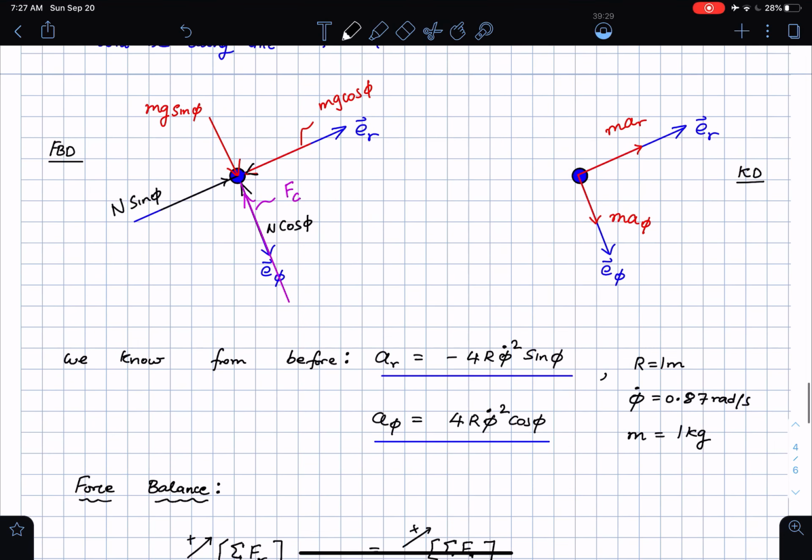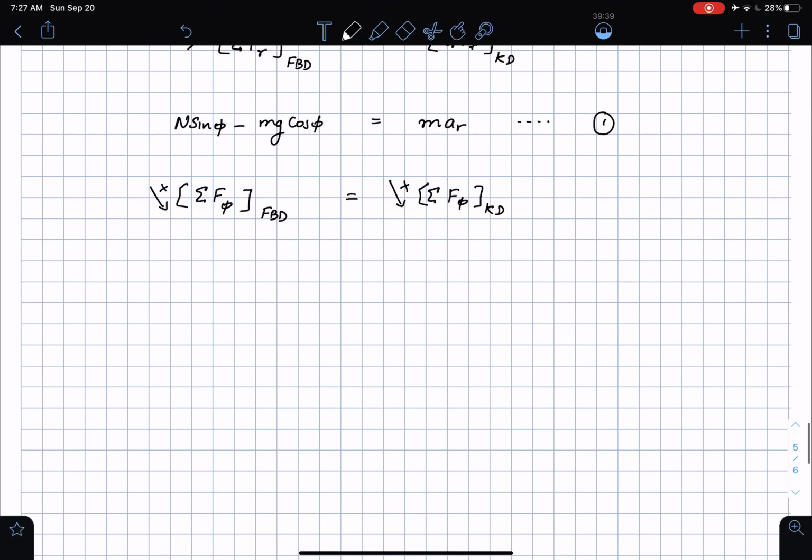In the transverse direction, I have the contact force, which is FC, then I have the normal force N cosine phi, then I have mg sine phi. Let me write the signs properly: mg sine phi minus FC minus N cosine phi. This is equal to m times A phi. This is equation 2.